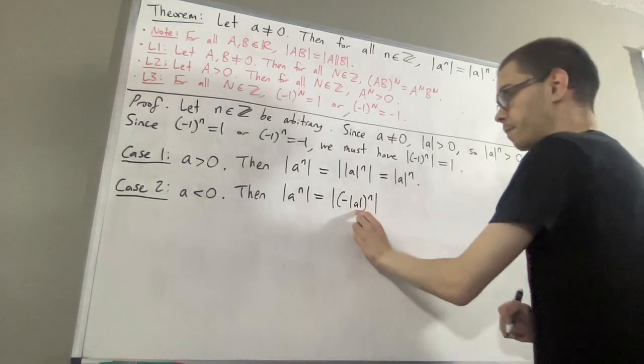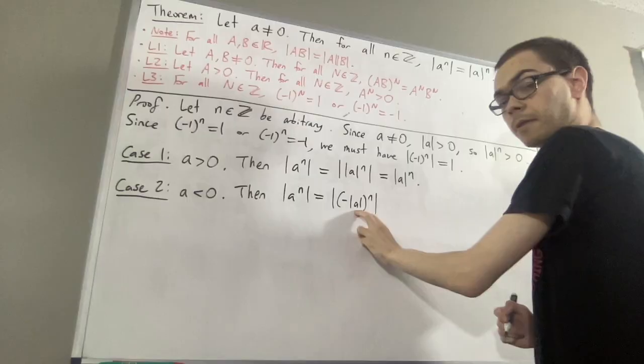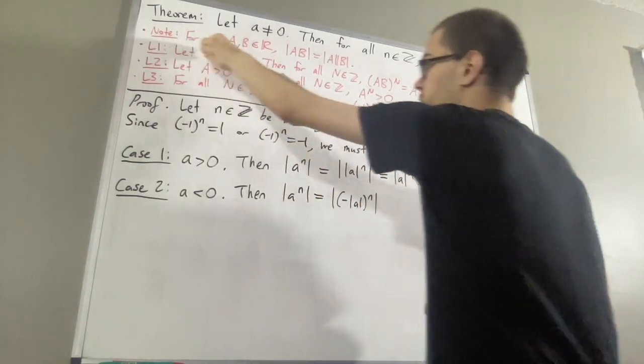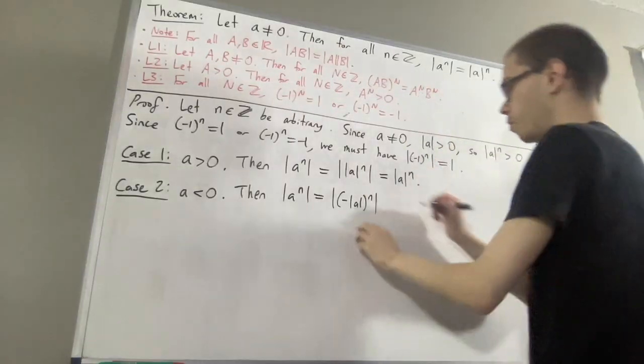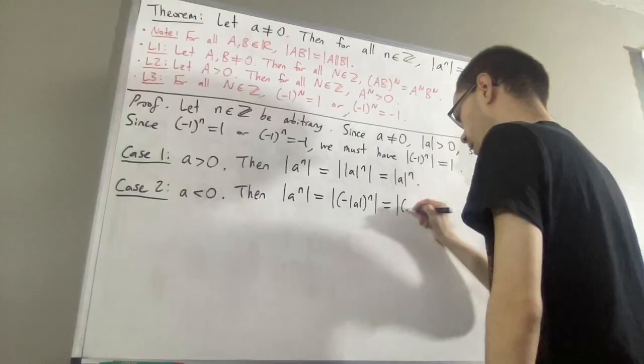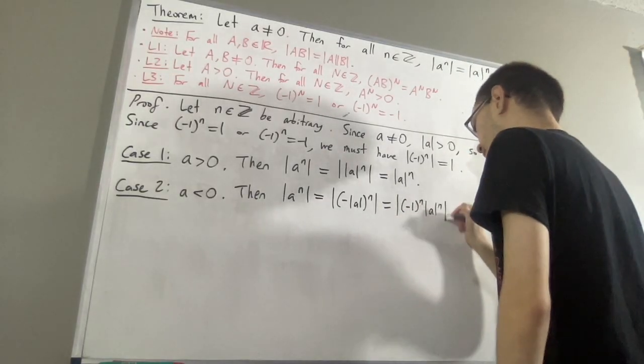Now, negative absolute value of a is the same thing as negative 1 times the absolute value of a. So then, applying our first preliminary result, lemma 1, we can rewrite the inside as negative 1 to the power of n times the absolute value of a to the power of n.